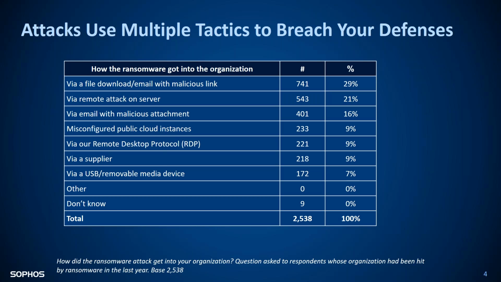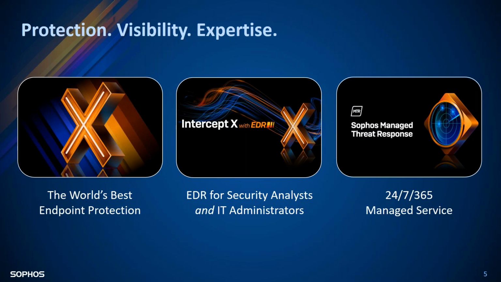So what is Sophos' approach to helping protect against ransomware? We have a three-level approach. First, we start off with protection, the world's best protection. Then we migrate to our Intercept X product, which we call Intercept X with EDR. EDR gives us visibility into our network. Remember, endpoint protection is traditionally considered a reactive product: it's installed on the device, and when something happens, it reacts.